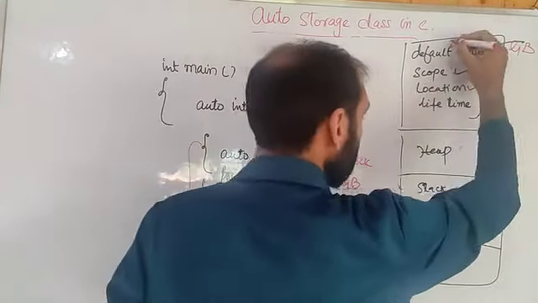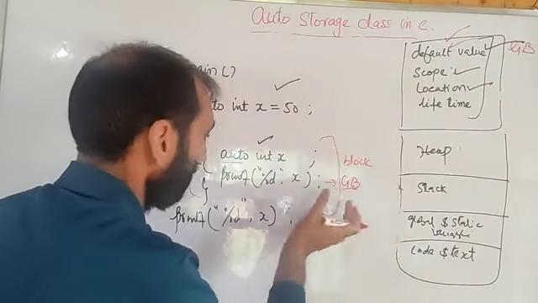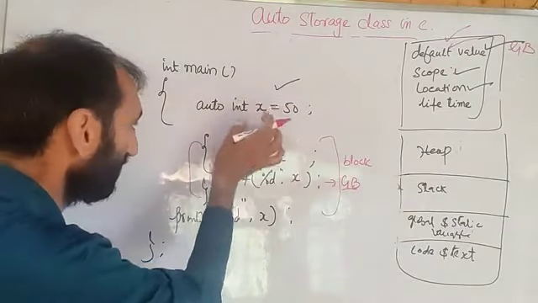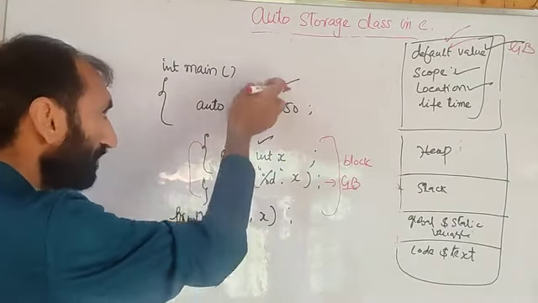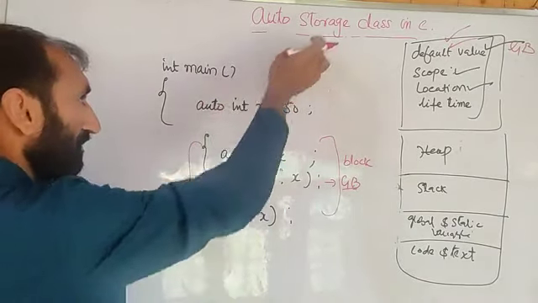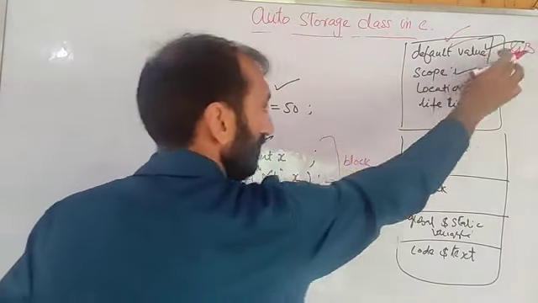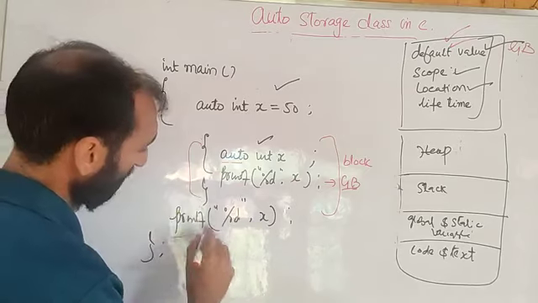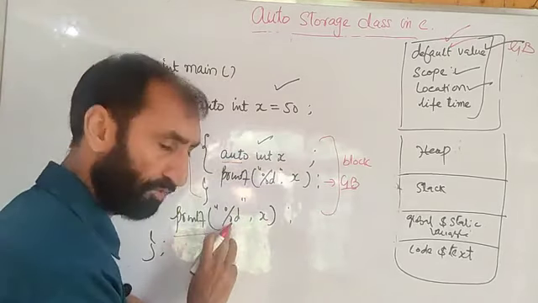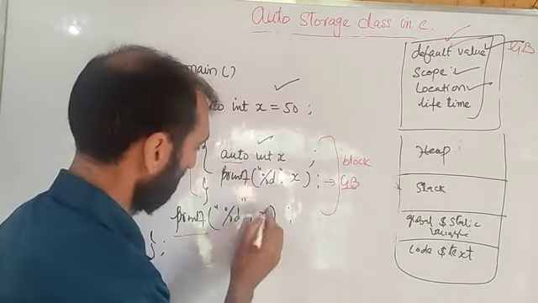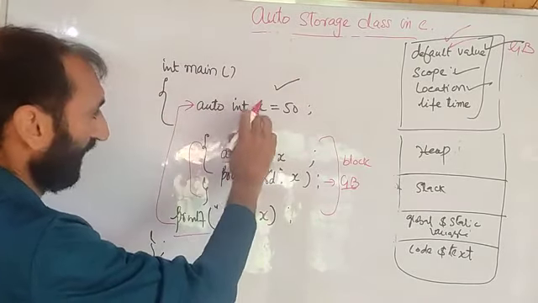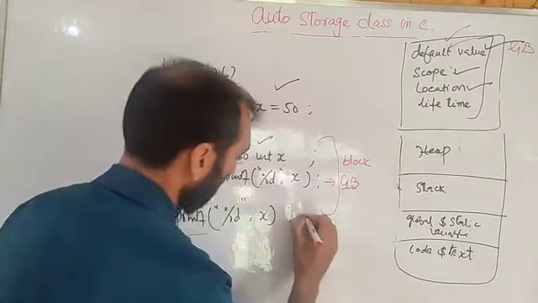So by default, the default value of a variable whose storage class is auto is a garbage value. After exiting from this printf, here I am going to print the value of x. What would it print? It would access this variable, auto x equal to 50.